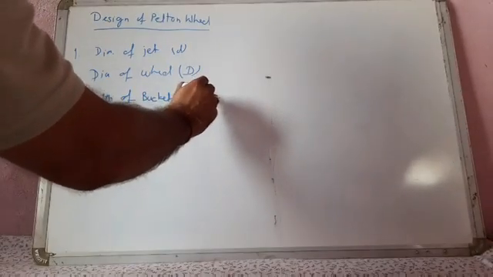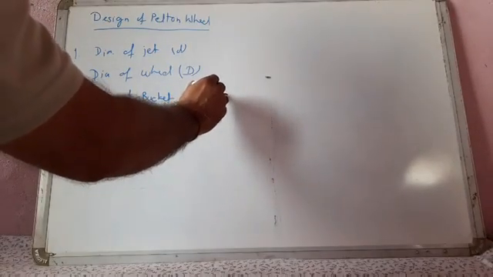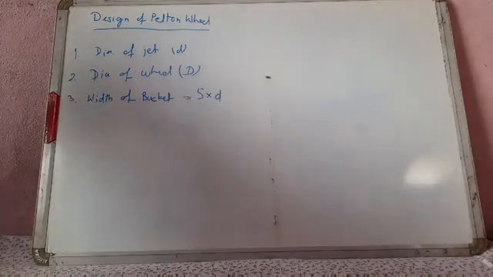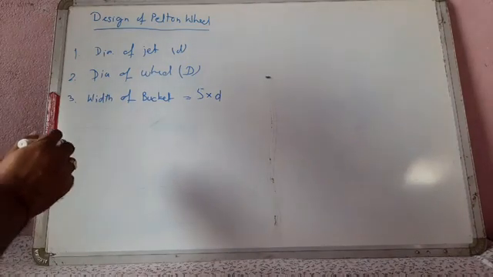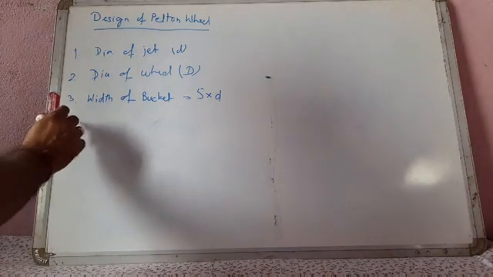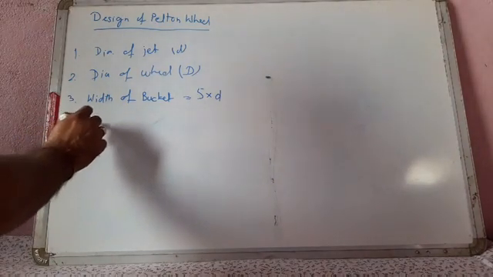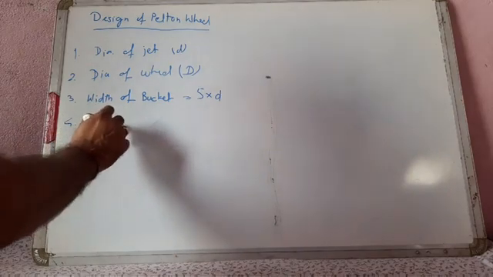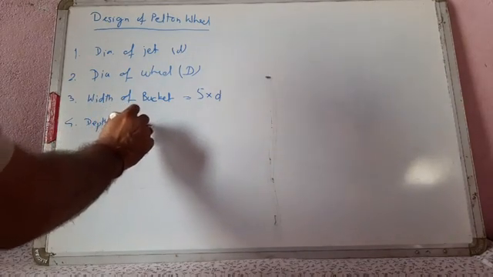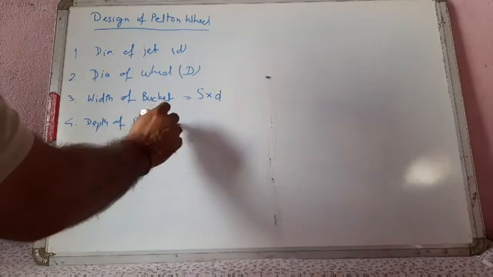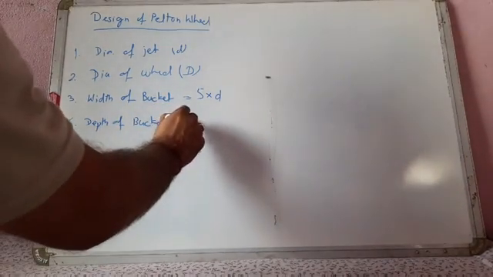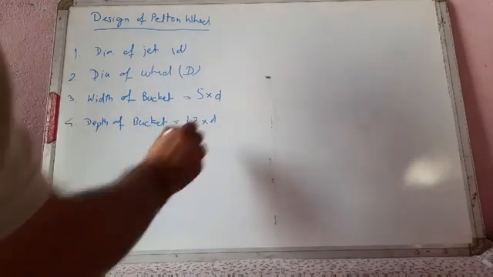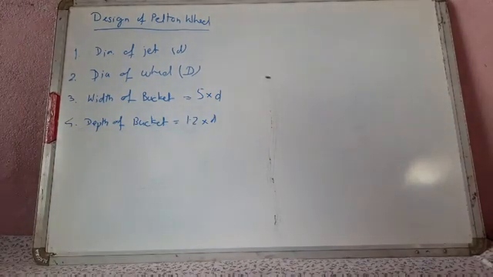Width of bucket is generally considered 5 times the diameter of the jet. Then next, depth of bucket is generally considered as 1.2 times diameter of jet.